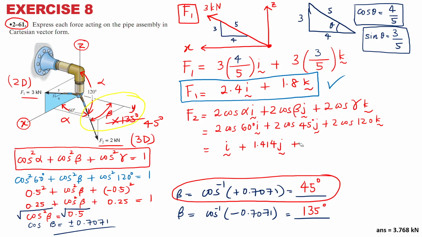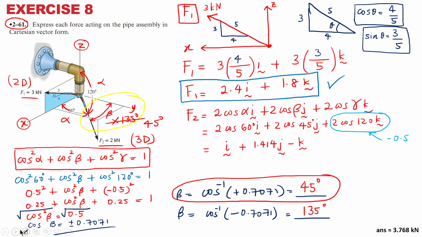This one will automatically give you negative K. Why negative? You try keying in cos 120. This one will give you negative 0.5. So it will automatically put you in the negative region.